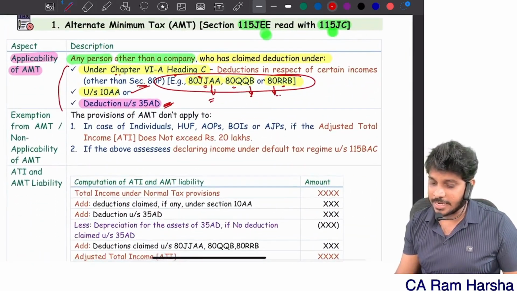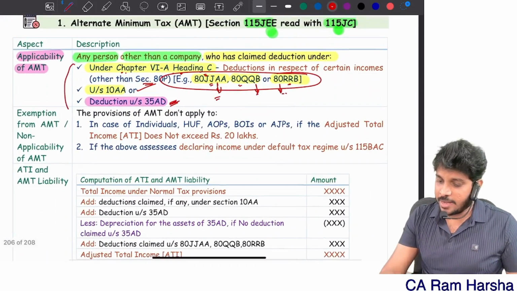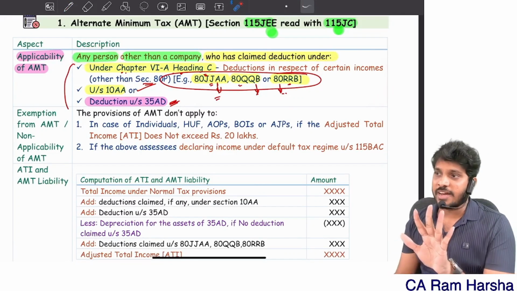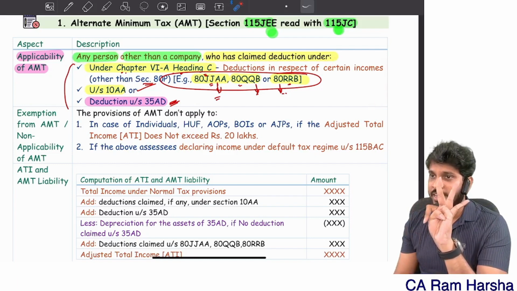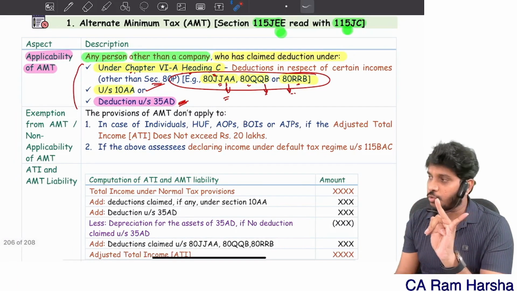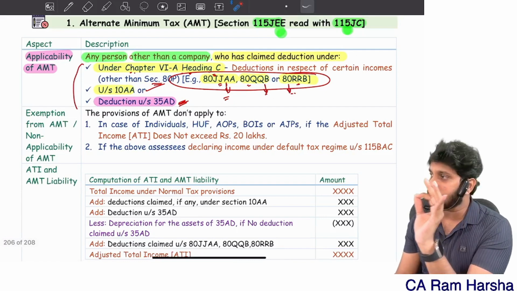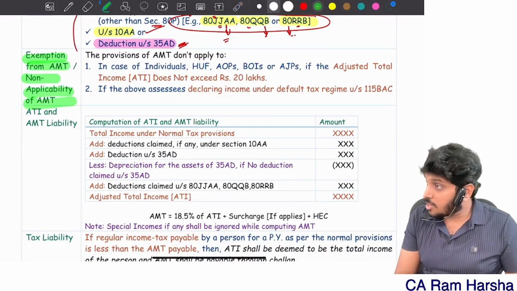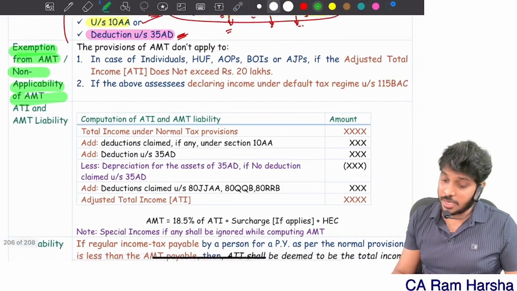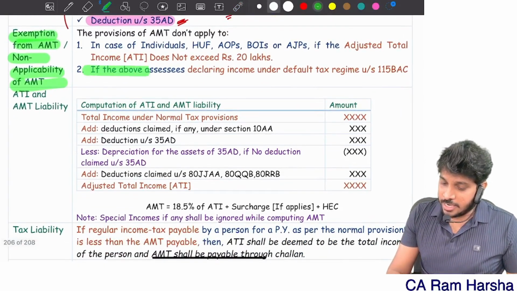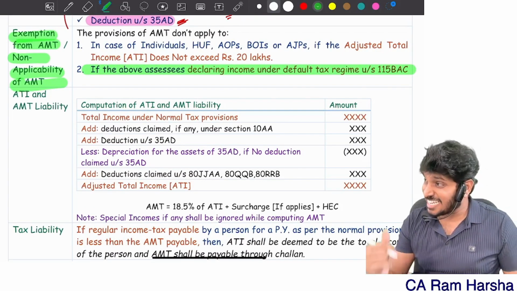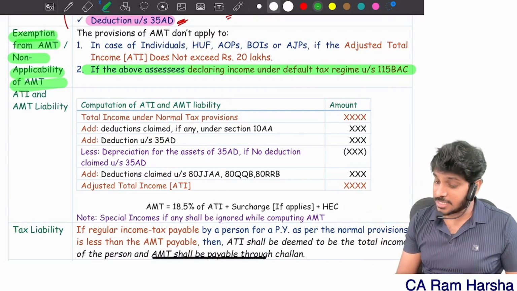How should I calculate? AMT is applicable to any person who is claiming deduction under these sections: 10AA, 35AD, 80JJAA, 80QQB, 80RRB. Exemption from AMT, non-applicability: when the individual is declaring income under the default tax regime, AMT does not apply.